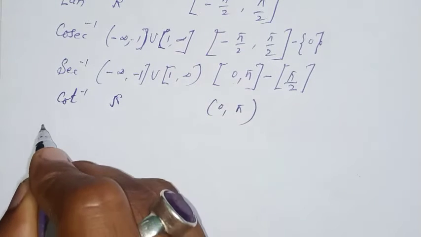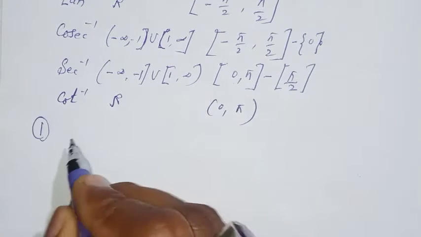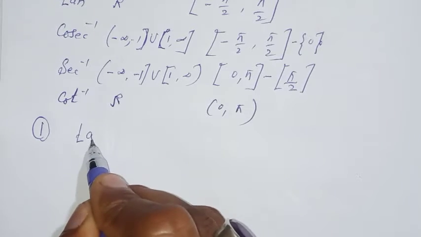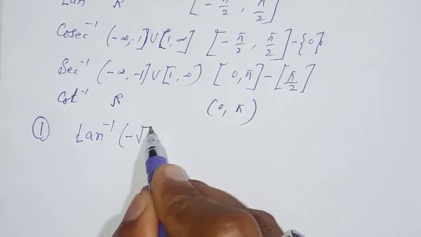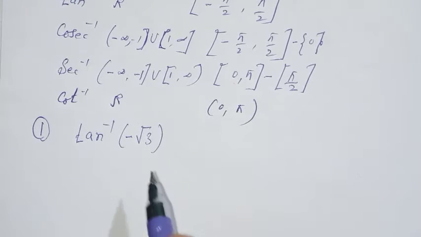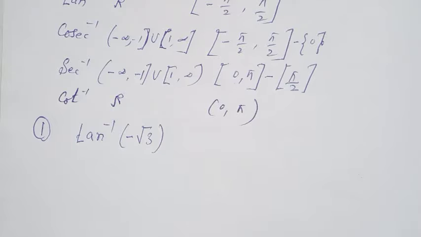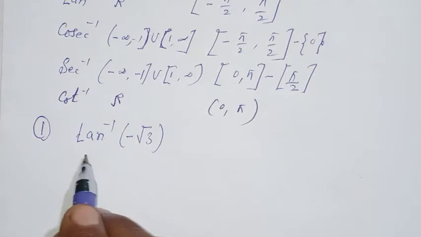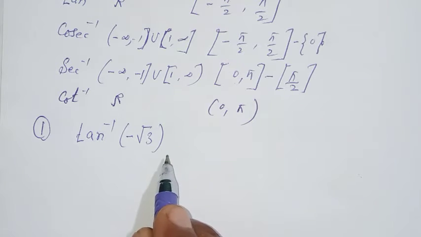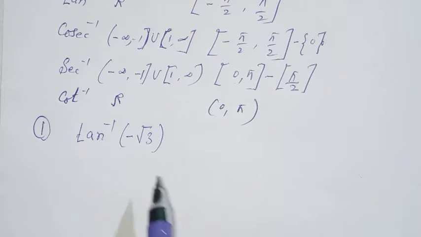See, number 1 given here, tan inverse minus root 3. Okay, so first of all we need to know the principal value branch. What is the principal value branch of tan inverse?